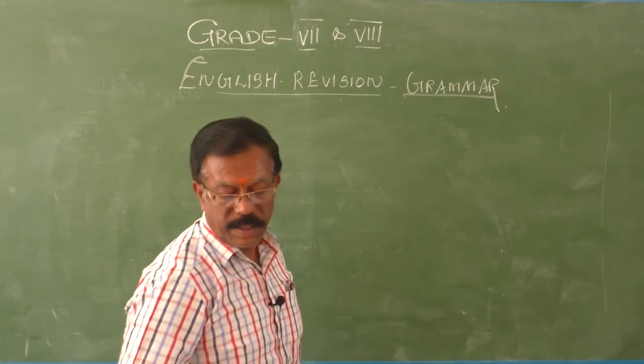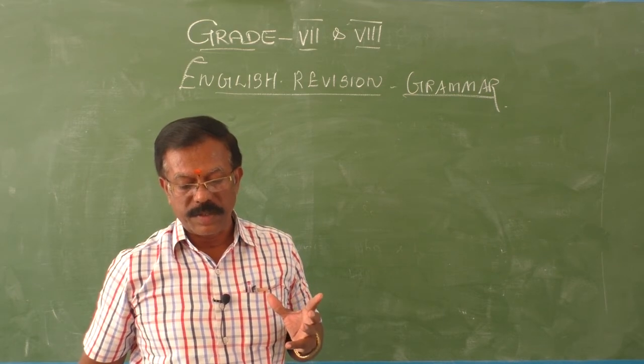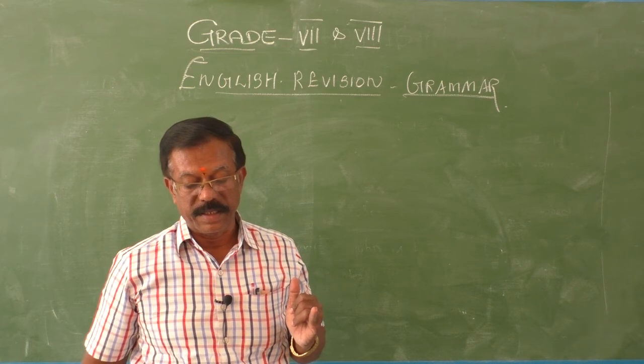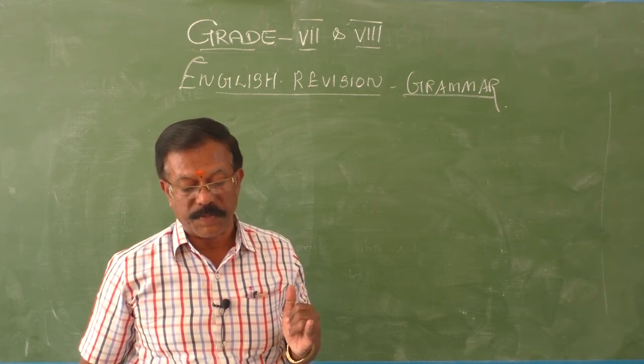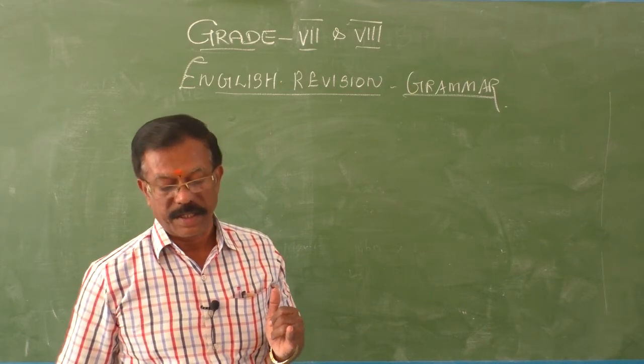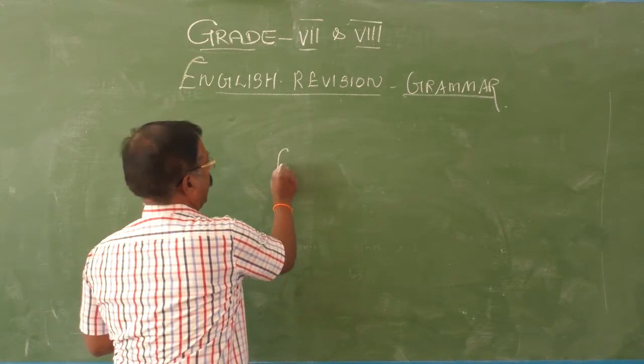Okay, then some more examples. When the subject is made up of two or more nouns joined by a correlative conjunction, the verb agrees with the noun or pronoun that is placed closest to it. Very important.